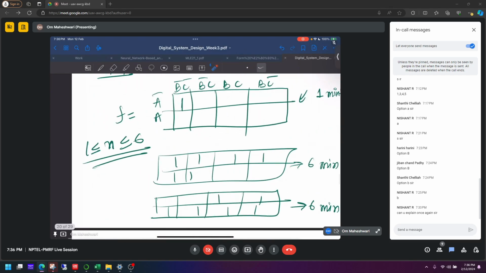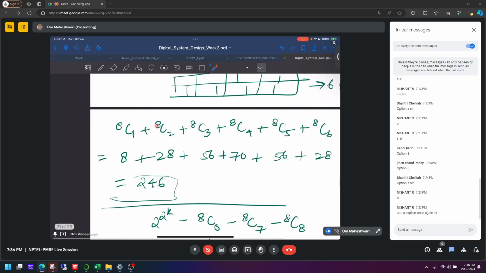Similarly, if there are two minterms, these two can be the places, these two can be there, and so on. There can be a lot of combinations for 2, right?